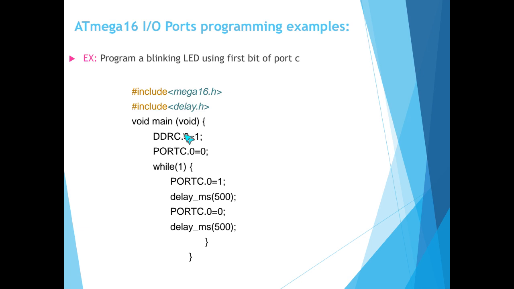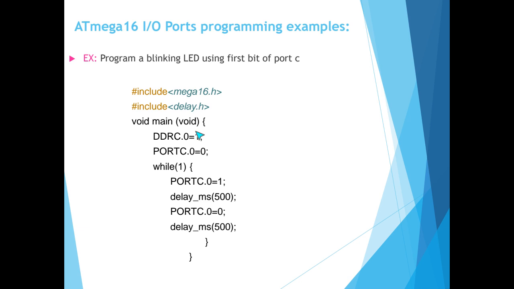Why 0? Because the first bit of port C is interfaced with our LED. Then only it should be configured as output. I wrote for the first bit of port C, DDR register logic 1.